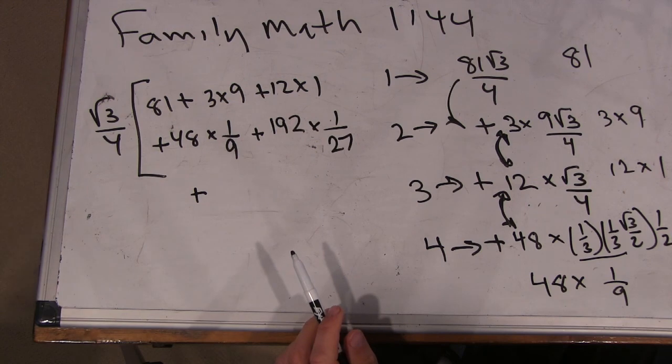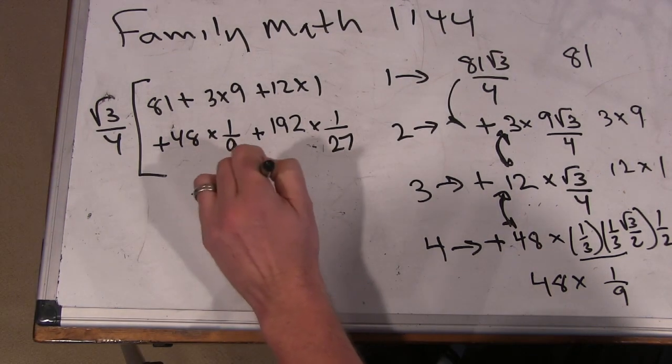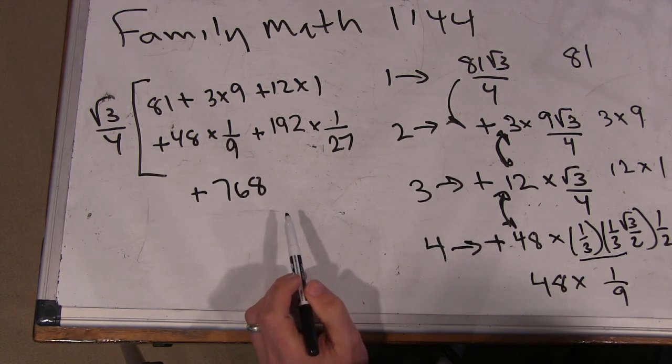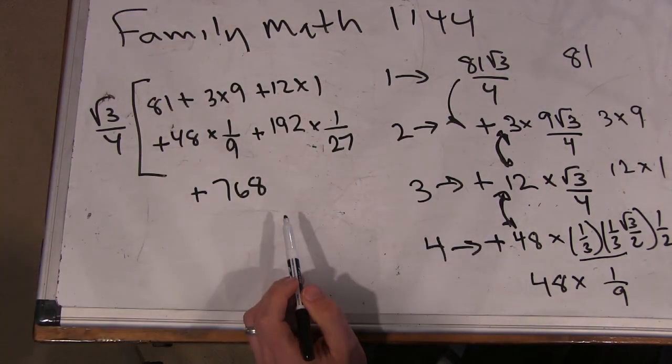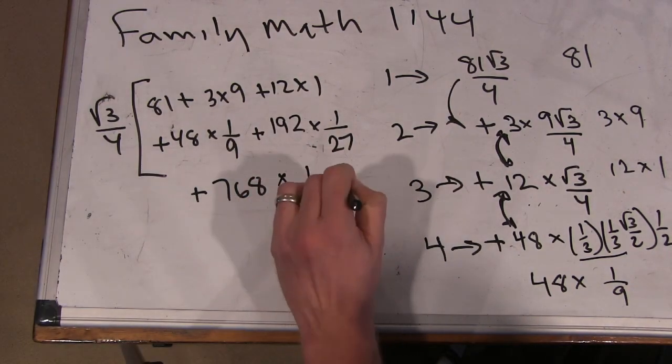I will even do that on the calculator so we don't make a mistake. 4 times 192 is 768, times 1 over 243. 27 times 9 is 243.